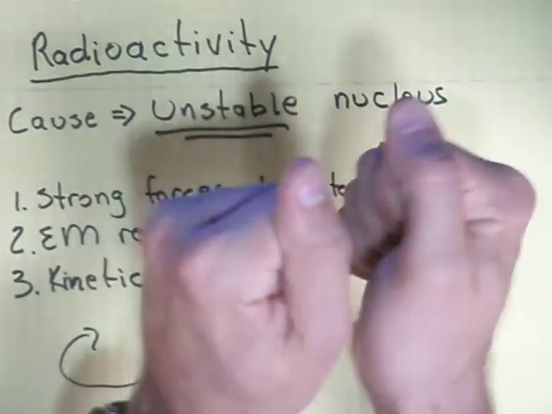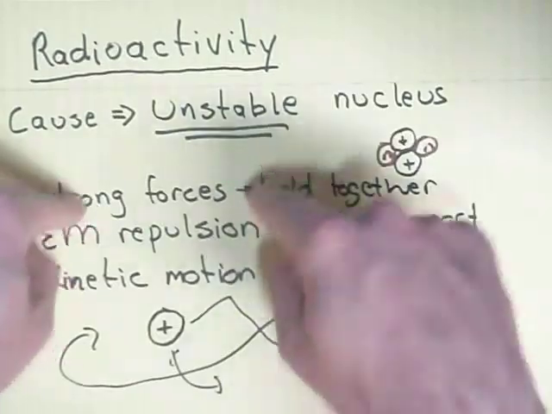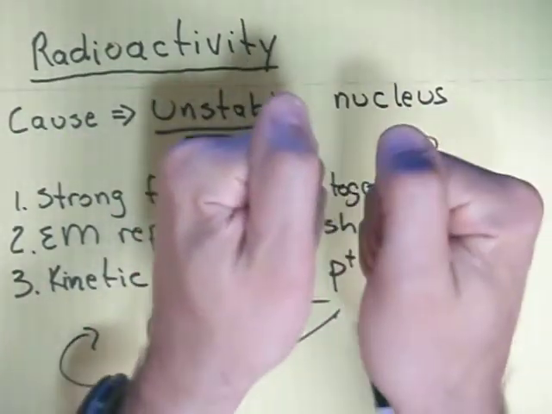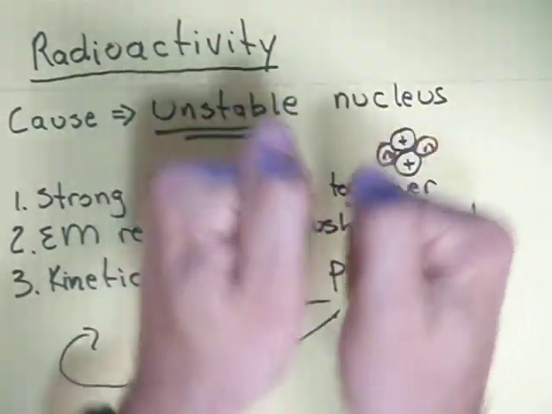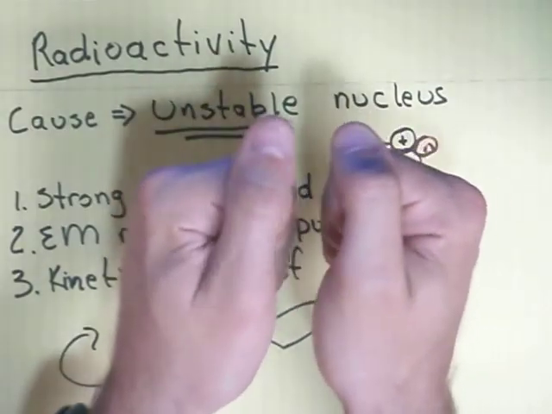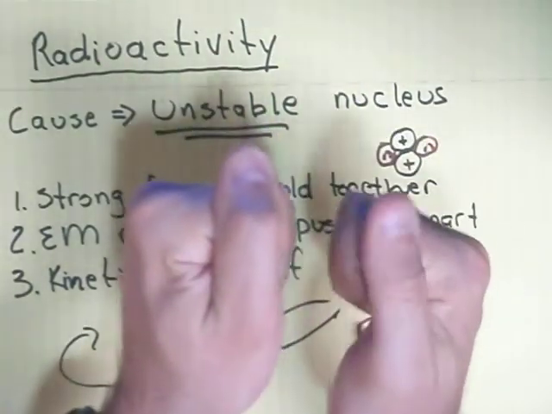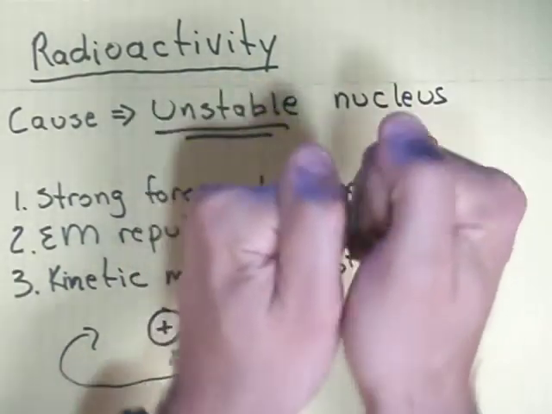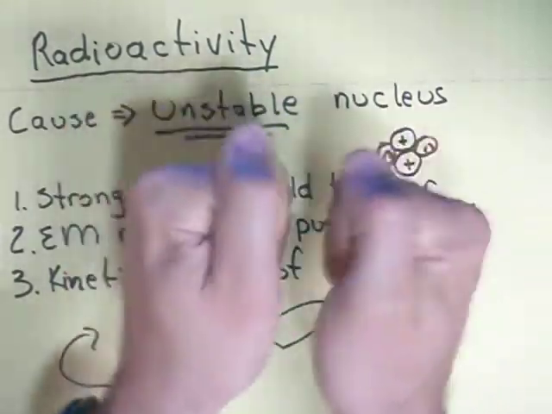These 2 protons, even though we've represented them as being side to side, with these strong forces holding them together, they're not just sitting there. If you were to zoom in with a super powerful microscope, you would see that they're vibrating in this direction, and then they also vibrate like this.